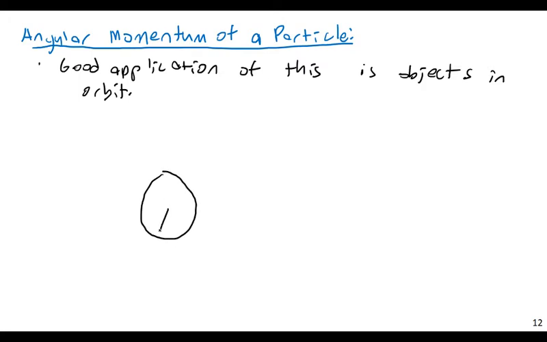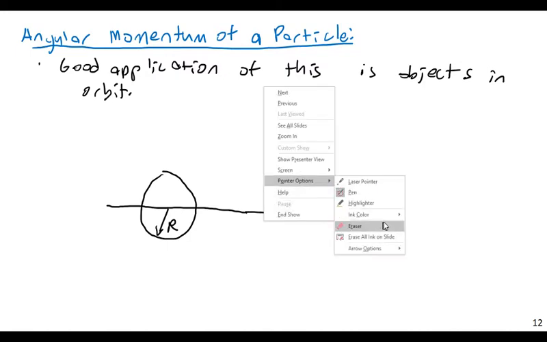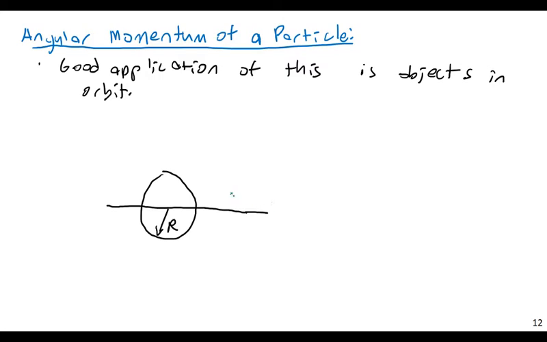Maybe you have the large radius r of the big object, and then maybe you have an axis here. This is the big object, and you have a particle at some location here, A perhaps, and it has a velocity v naught.